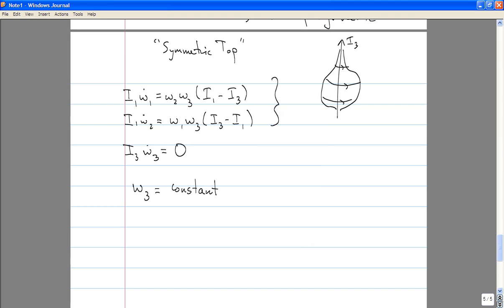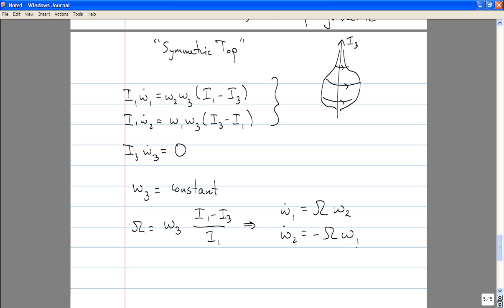Let me define capital omega to be omega 3 times I1 minus I3 over I1. Then the remaining two equations are omega 1 dot is equal to capital omega times omega 2, and omega 2 dot is equal to minus capital omega times omega 1.